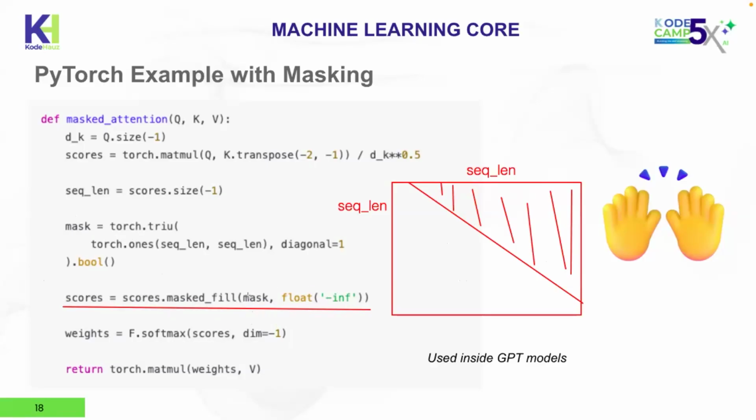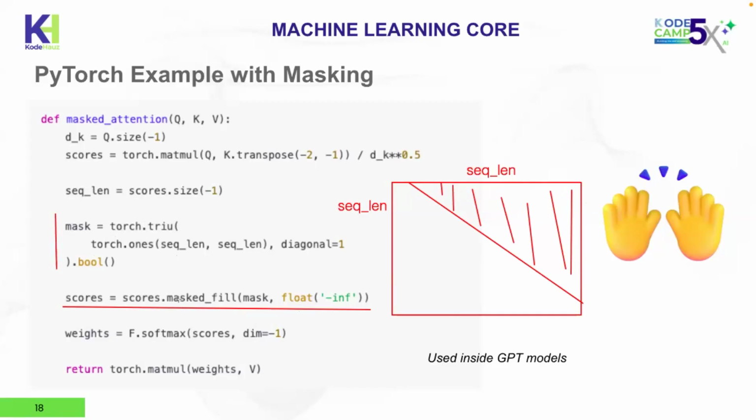First of all, you are doing an upper triangular matrix. That's what triu means. This upper side you fill with values of 1, then you convert it to Boolean, so everything up here will be true, while everything down here will be false. That's what this part of the code does.